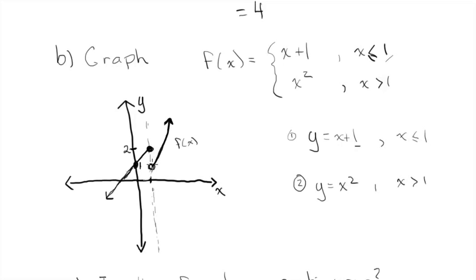Sometimes it happens that the parabola would meet this line, or whatever the curves are, at the same point when you switch from one curve to the other. But sometimes they don't, and that's where you get a jump discontinuity.